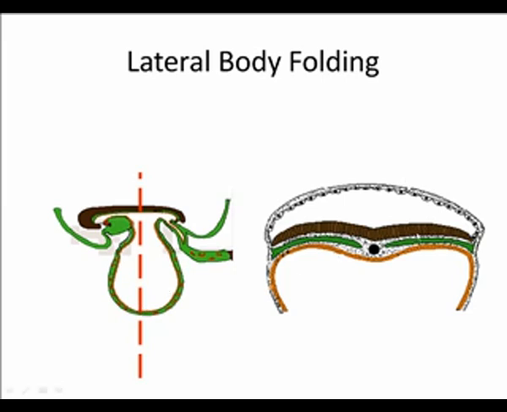Now, as the embryo develops, here we're looking at the embryo in sagittal section. If we make a section at this point, we would see the embryo in cross section. And what we want to do is follow the embryo in cross section, as lateral body folding is going to bring the endoderm together, the mesoderm together, and the two edges of the ectoderm together.